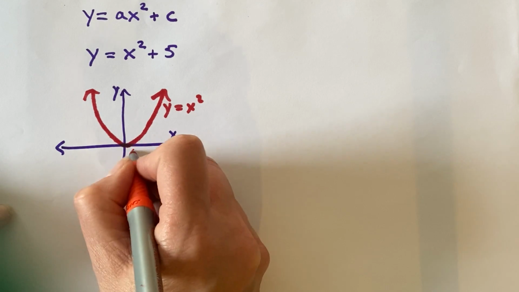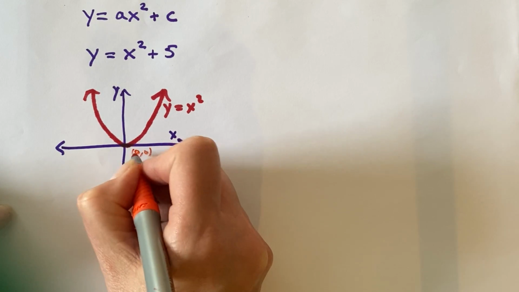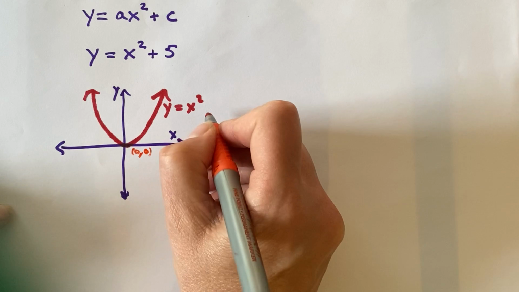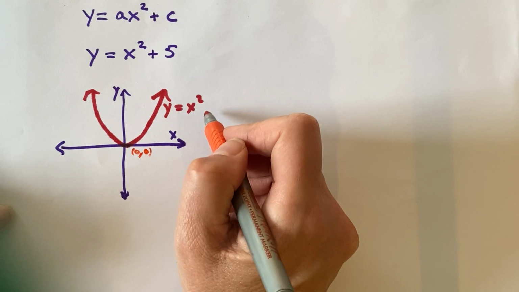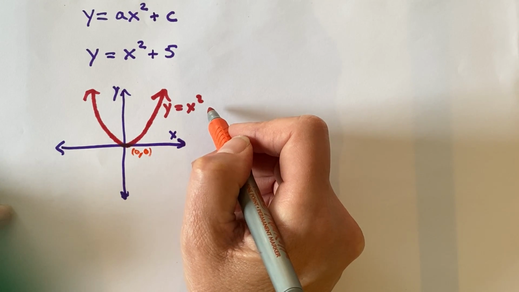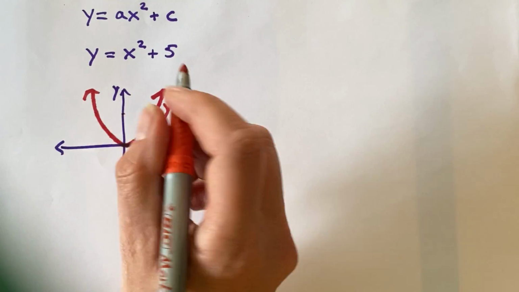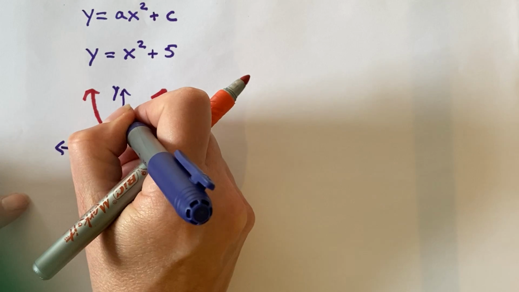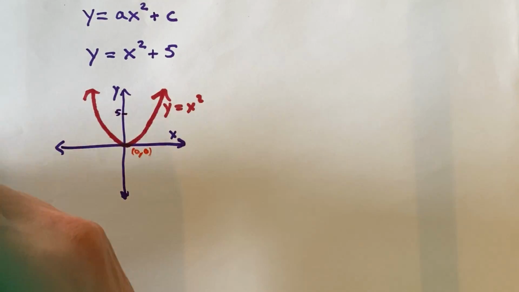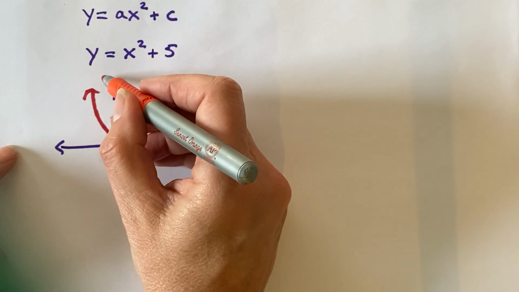That's because there's a hidden plus 0 after the parent function. But when I make that 5, we'll say that's about here, that function heads up.